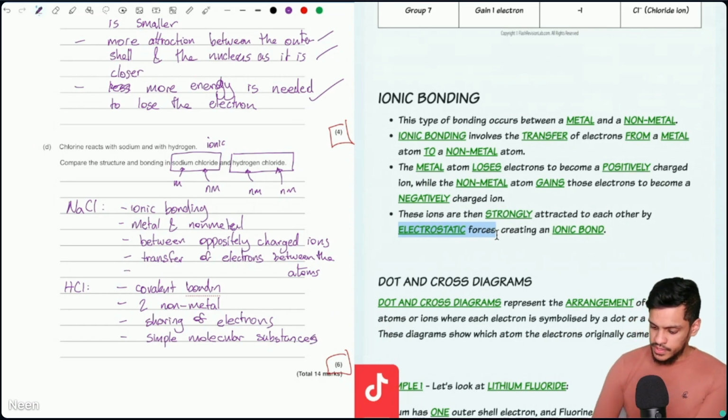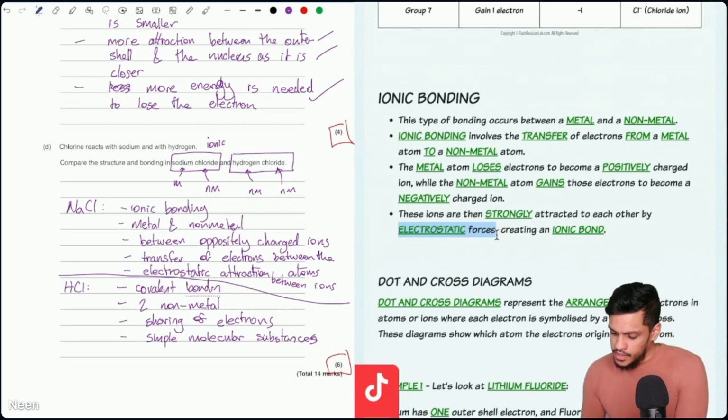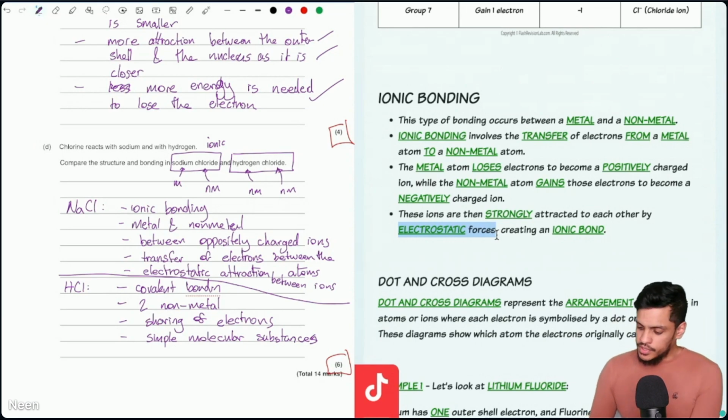What type of forces do they have? Should have used a different color. So ionic bonding has electrostatic attraction between the ions, whereas simple molecular has intermolecular forces.